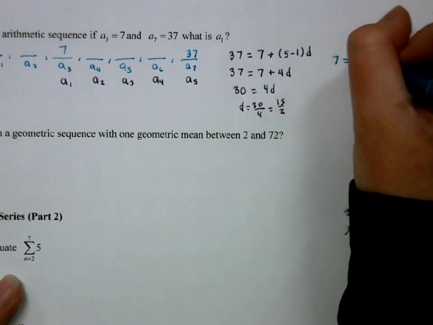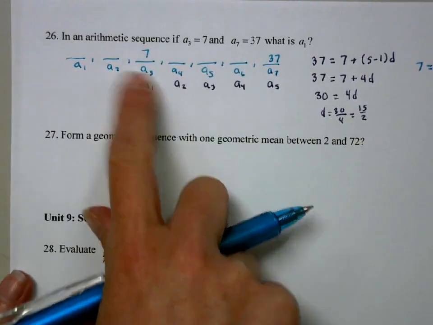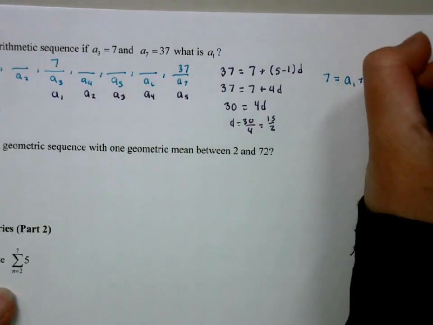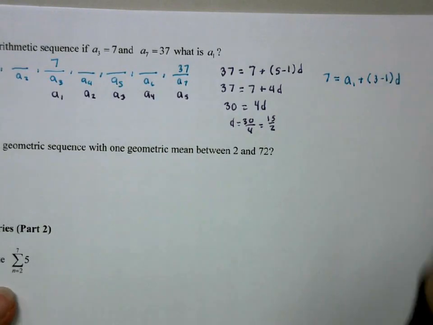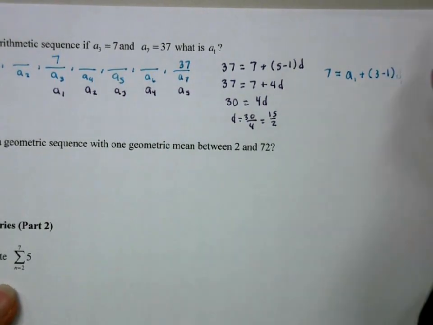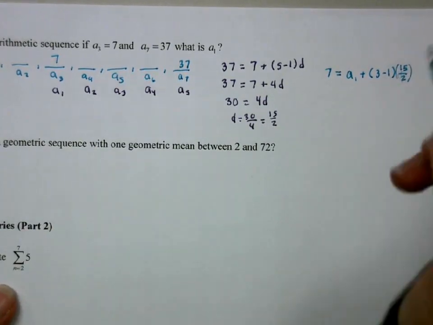Common difference is 15 halves. So it's going to be 2 times 15 halves, which is 15. So my A1 is negative 8.